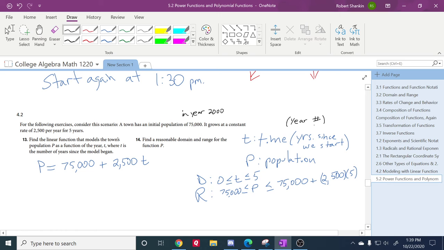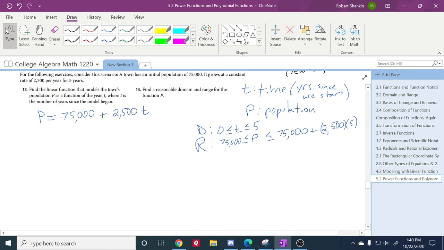So that's why we like to make it as simple a function as we can, and have t being 0 when we start. So we say years since we started. We didn't know what year it started anyway, so it's kind of natural to do that. But even if it said this town had an initial population of 75,000 in the year 2000, you can always adjust your t and say years since we started. Okay, so that starts at year 0.